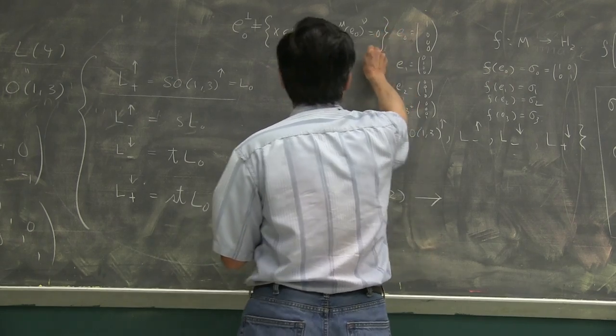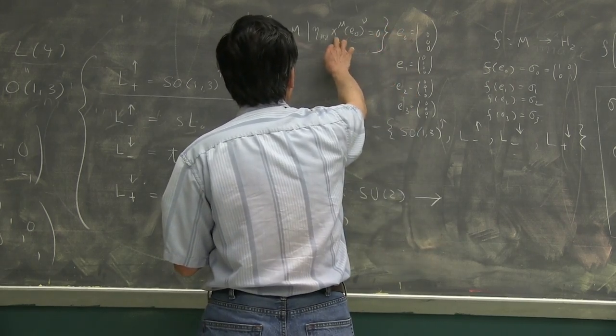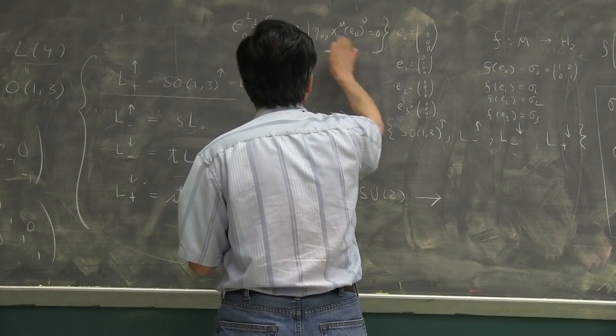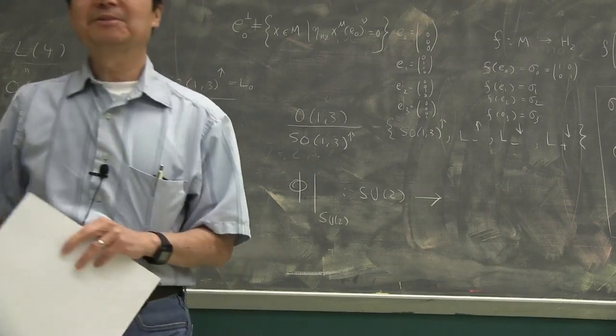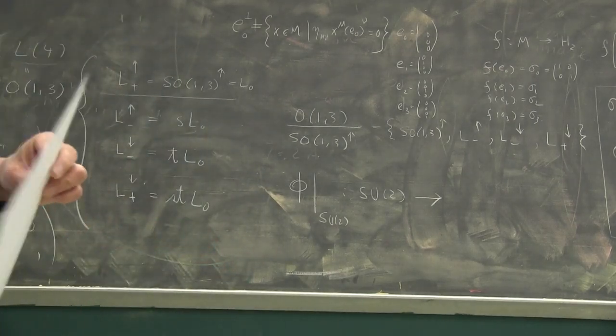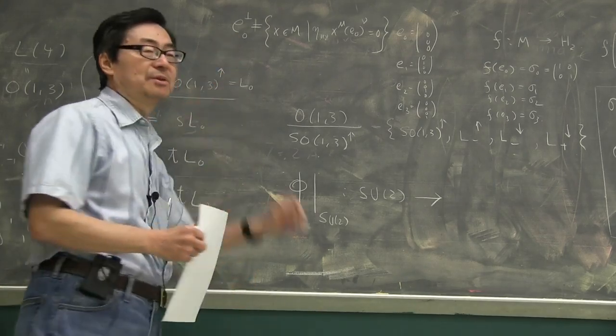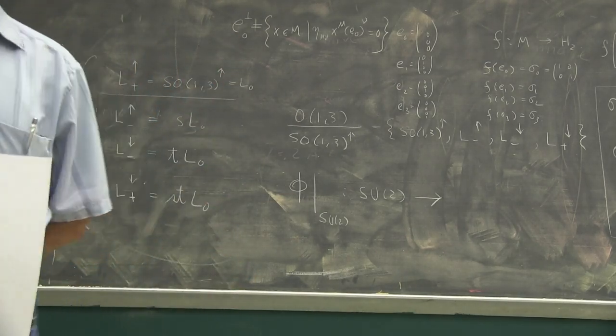The dot product between the time axis and these things is 0, which means that all these things are orthogonal to the time axis. That defines the orthogonal subspace in M, which is orthogonal to the time axis.